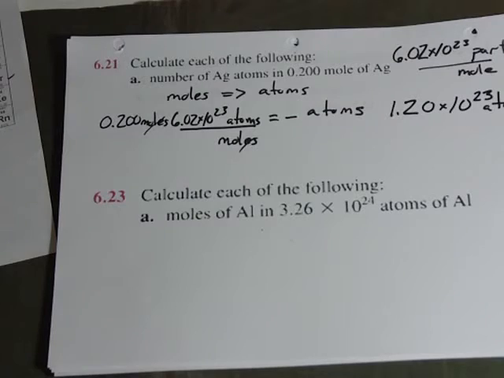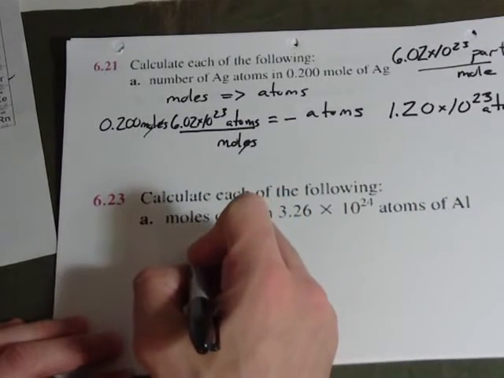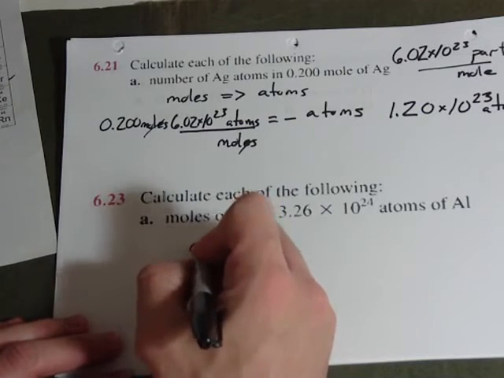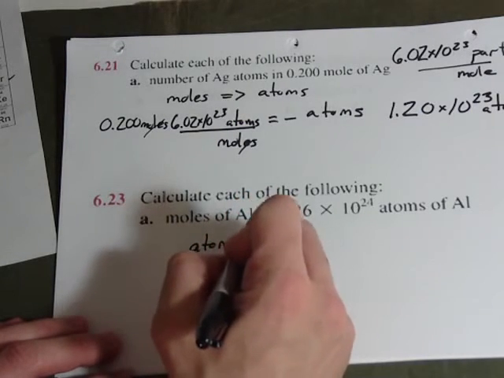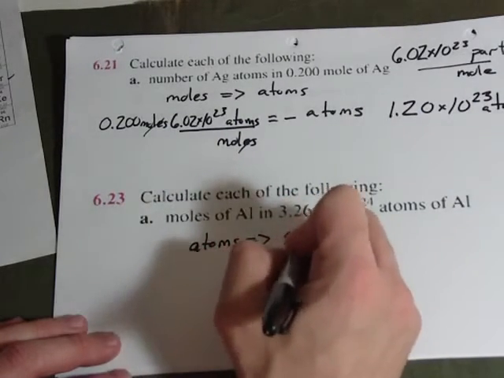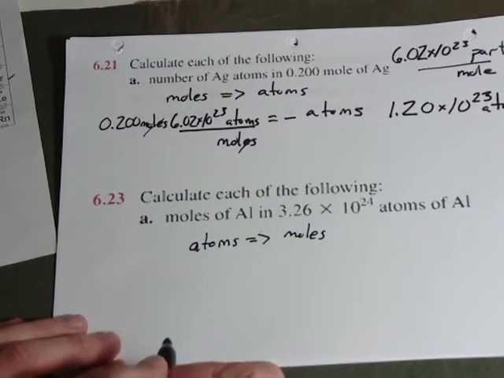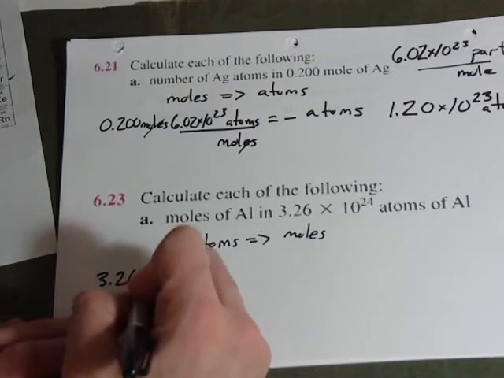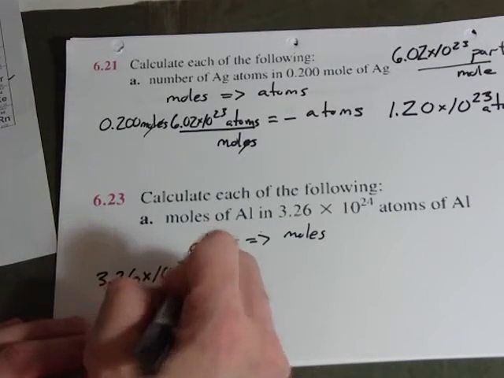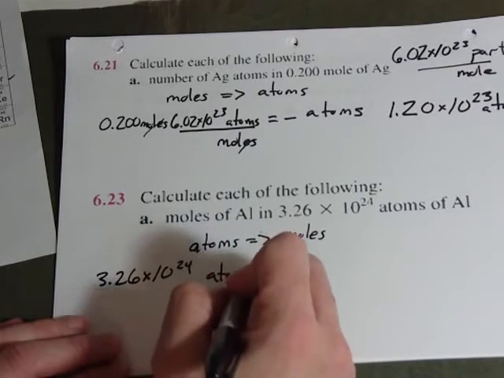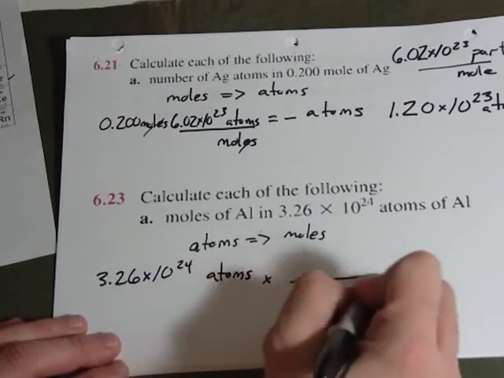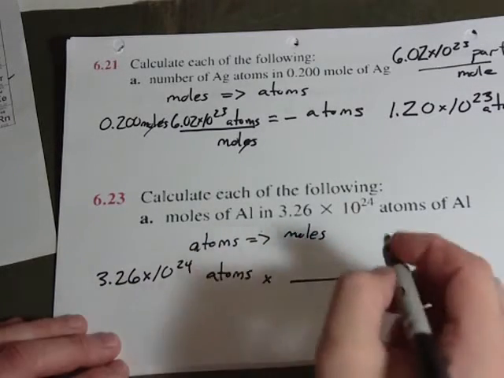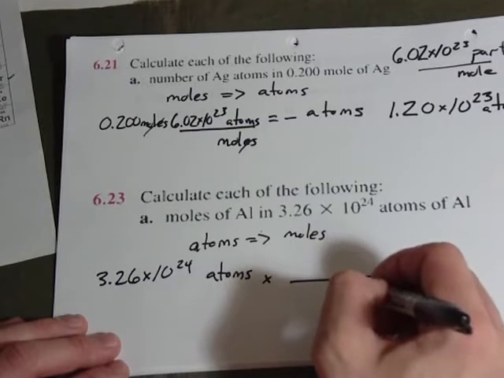A very similar question. We're going to again use Avogadro's number, but here we want to go from atoms to moles. And so here we're given 3.26 times 10 to the 24th atoms. And we want our atoms to cancel out because we want our answer in moles.